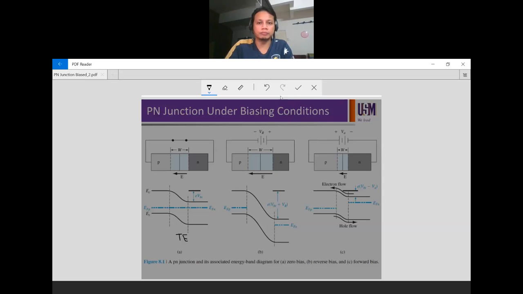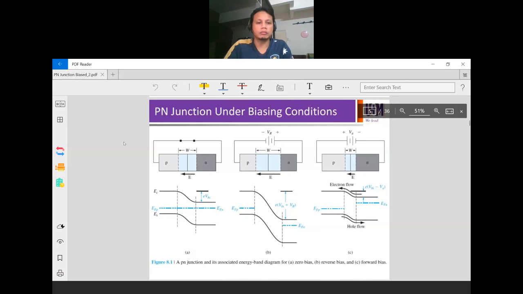Okay, so we can see here. The left one, the top one, is your thermal equilibrium. The moment you have your thermal equilibrium, your PN junction will be stabilized, and you can see the band diagram.